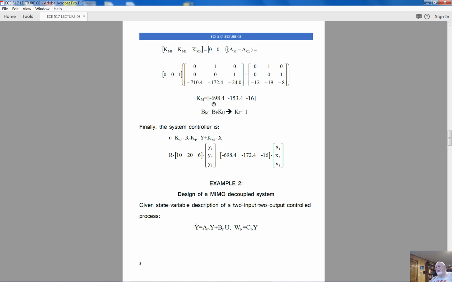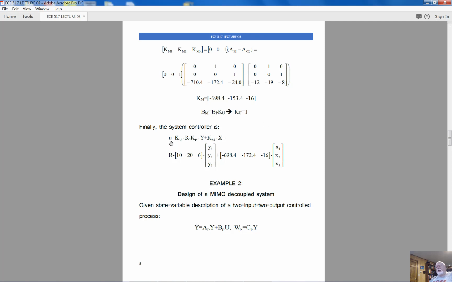The next what you will do, you should recall the second equation that we have to satisfy, and since BP is 0, 0, 1 and BM is 0, 0, 1, matrix Ku should be equal to 1. Our design is accomplished. Well, I guess it's a good exercise that could be offered during the test to students.